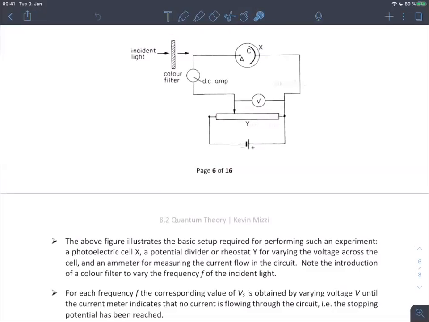Of course, we would need an ammeter to monitor the current in the circuit. In other words, to check whether electrons that are emitted from the metal surface would be reaching terminal A or not, and also a set of color filters to vary the wavelength of light reaching the metal surface.